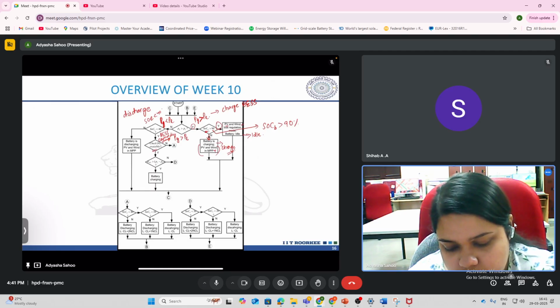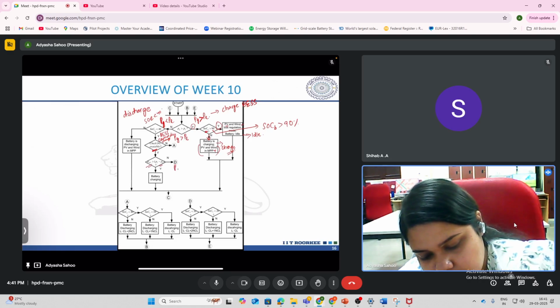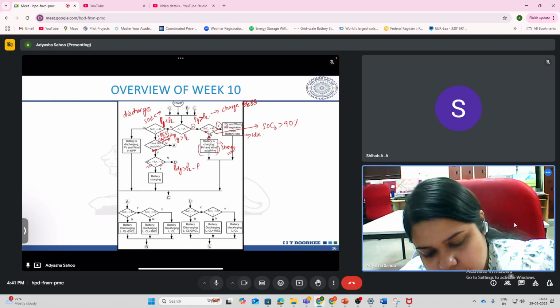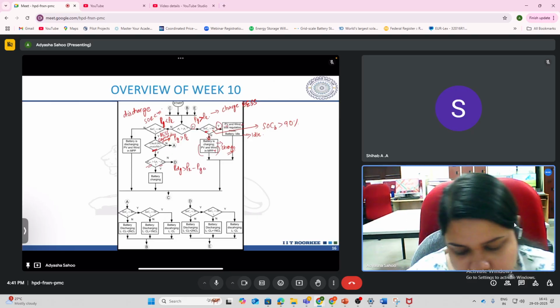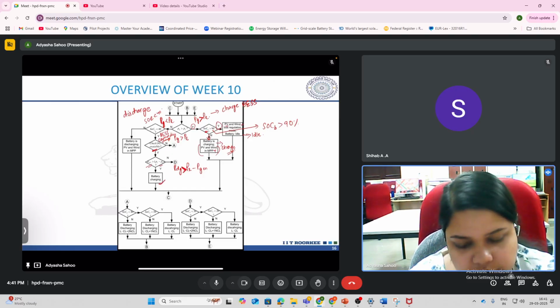If the DG is available, yes, then we check whether the available power with the DG is greater than the power mismatch. So here you're checking if PDG is greater than P load minus P generation. If it is yes, then you can use this excess power from DG to charge the battery.